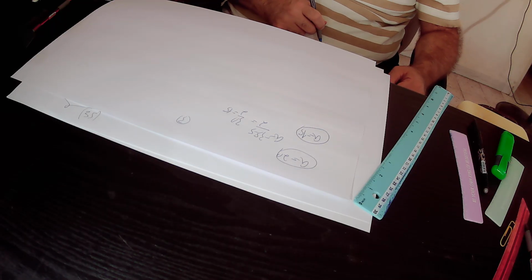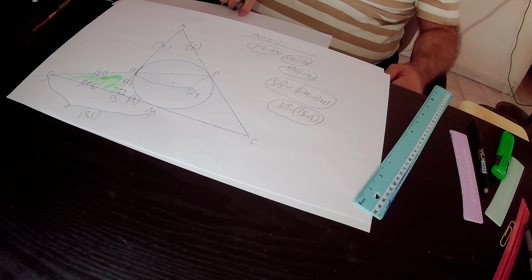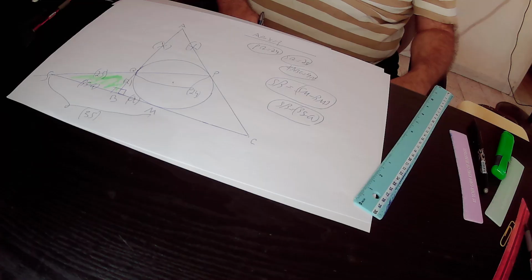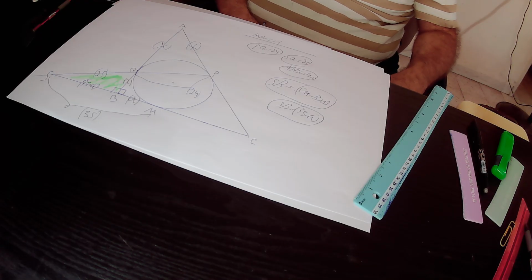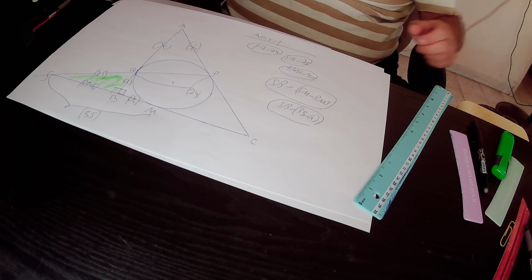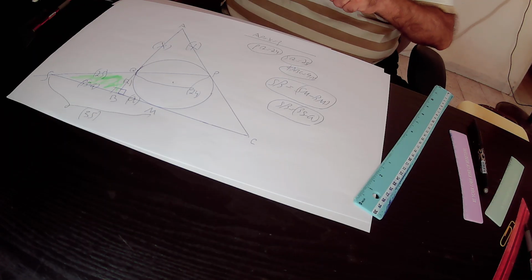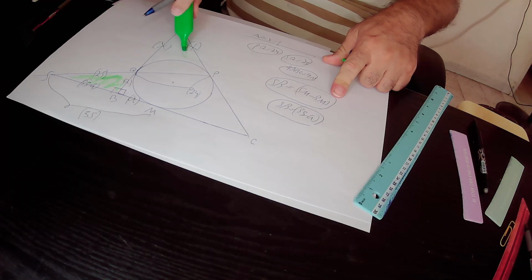Okay, so in the next step we will do a construction. That is to say, from point A we will go perpendicular to QP.